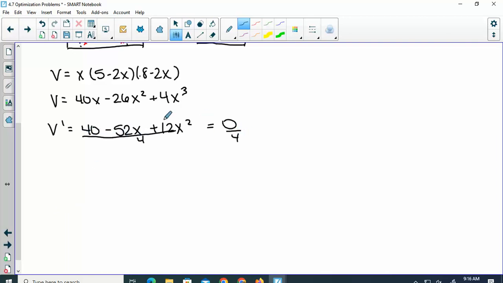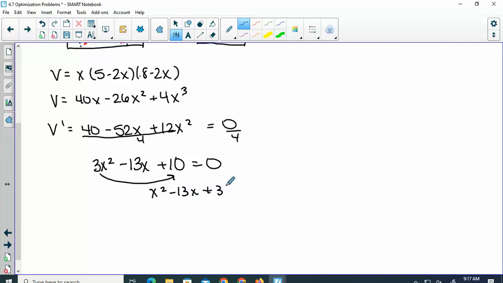I'm going to flip the order around too, so that would give me 3x squared minus 13x plus 10. Now what? Flip and slide, or box method if you prefer that.